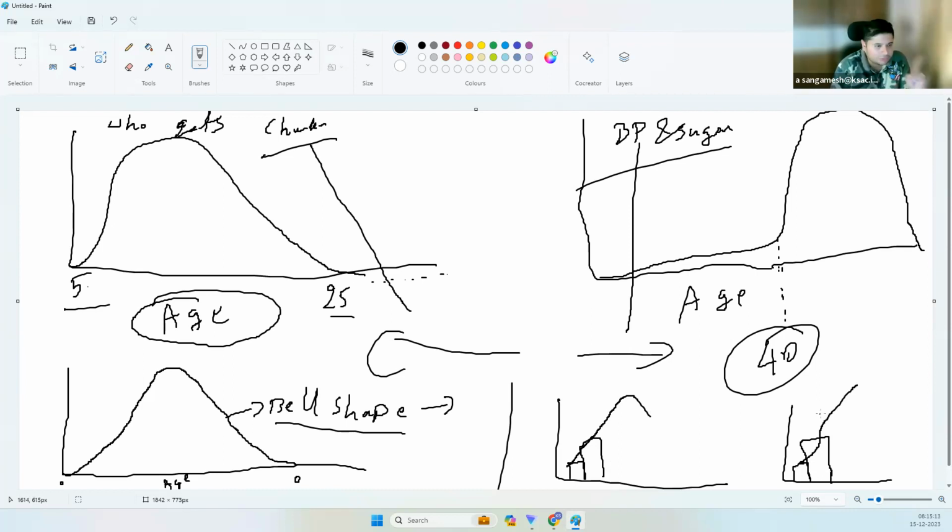If you get a chance, you can watch that video. It will show you how normalization works. So this is called normalization.